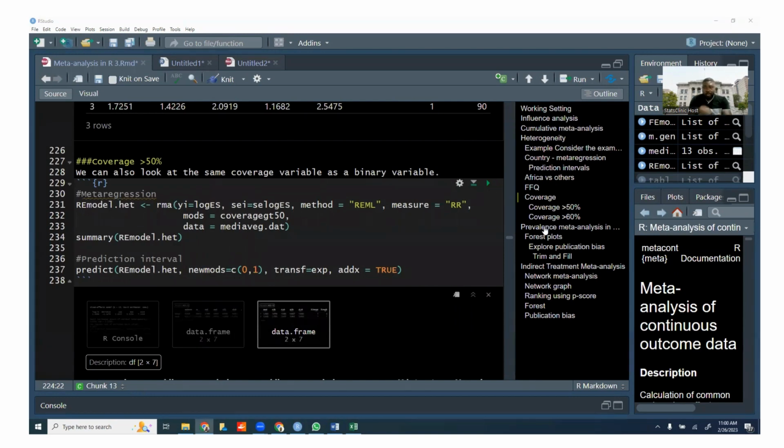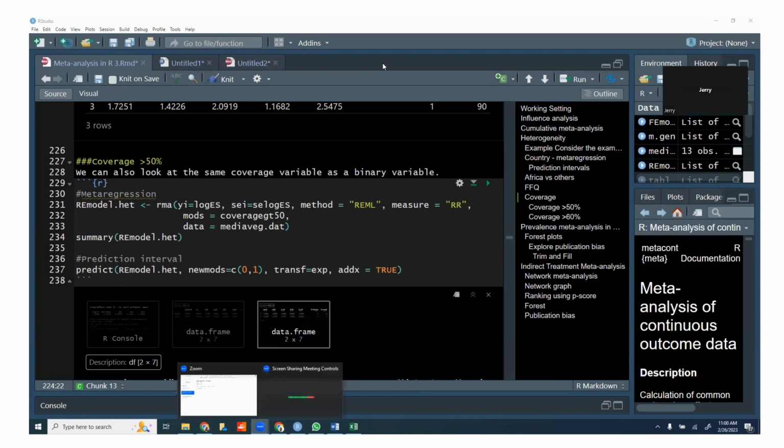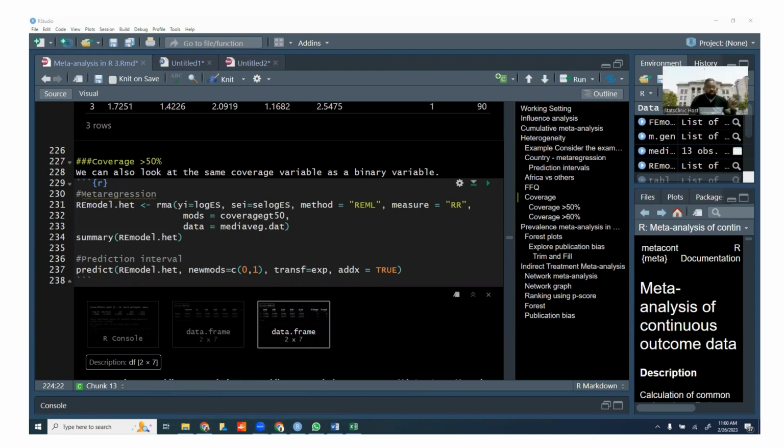Just before the break, we went through influence analysis, cumulative meta-analysis, and heterogeneity. Basically, we explained that influence analysis is where we have a pooled analysis, and we're trying to understand whether one specific study has an outsized influence on the pooled estimates.